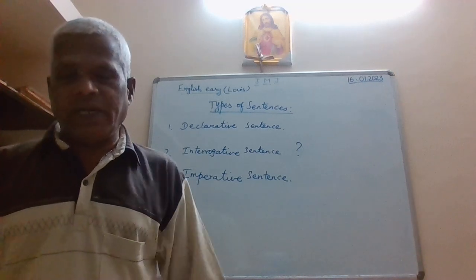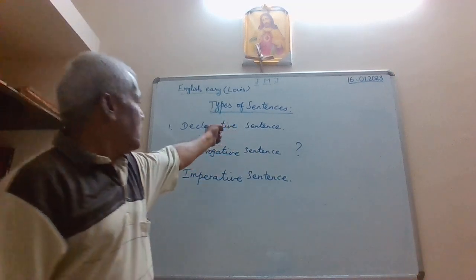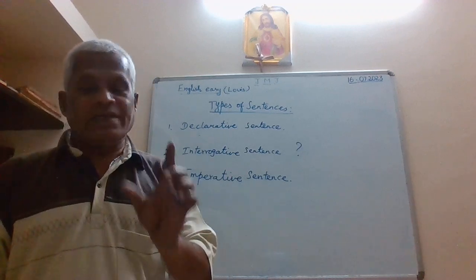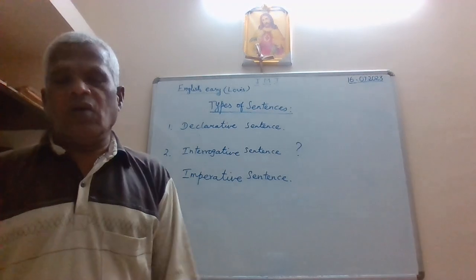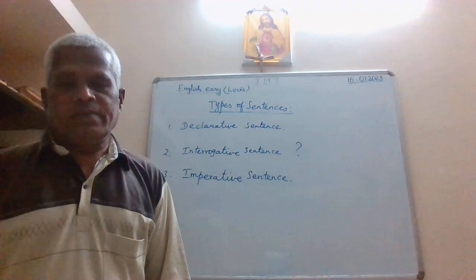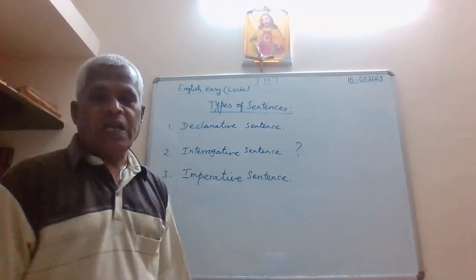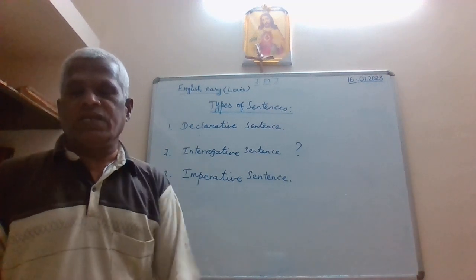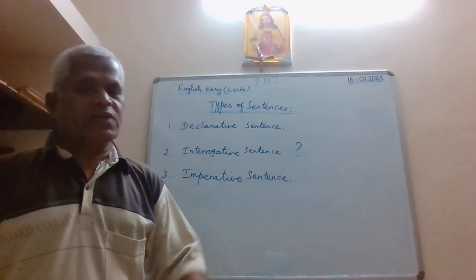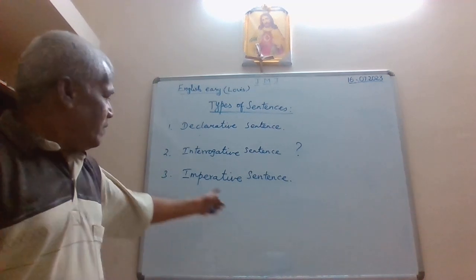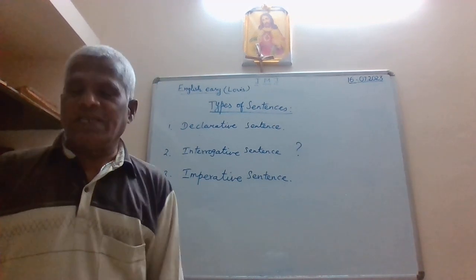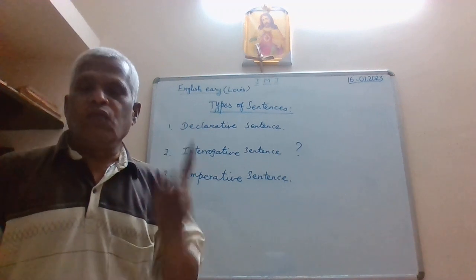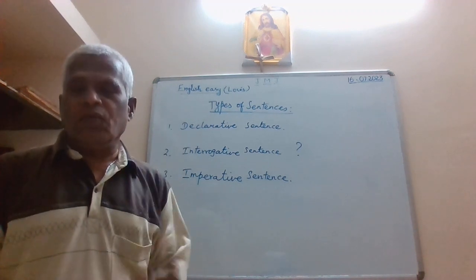When we studied declarative, I said it began with the subject, and the subject could be either a pronoun or a noun. When we studied interrogative sentences, they began with a WH question or, in another type, with an auxiliary verb. But when we come to imperative sentences, remember, it begins with the verb.